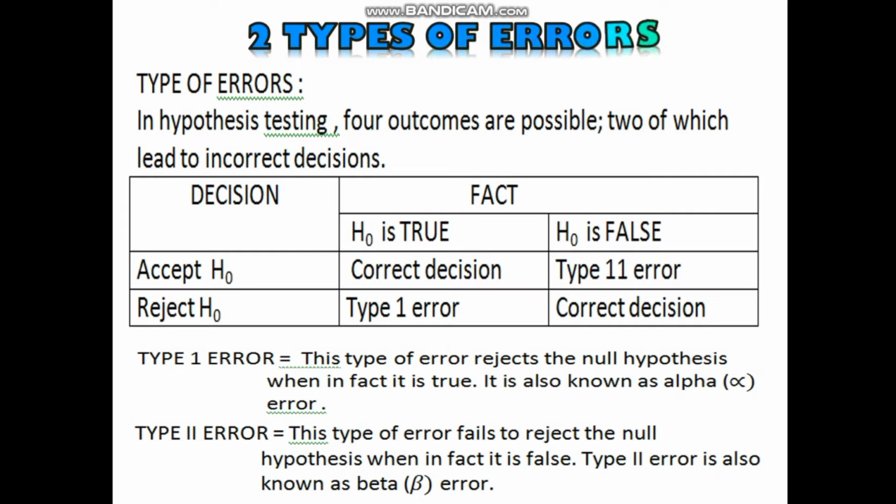Sa school ako nag-work. Pag sinabi mong ganon, you are committing a type 1 error. Bakit? Kasi you are denying the fact na nag-work ka nga sa hospital. Dininay mo yung true statement na nag-work ka sa hospital. So, that is type 1 error.